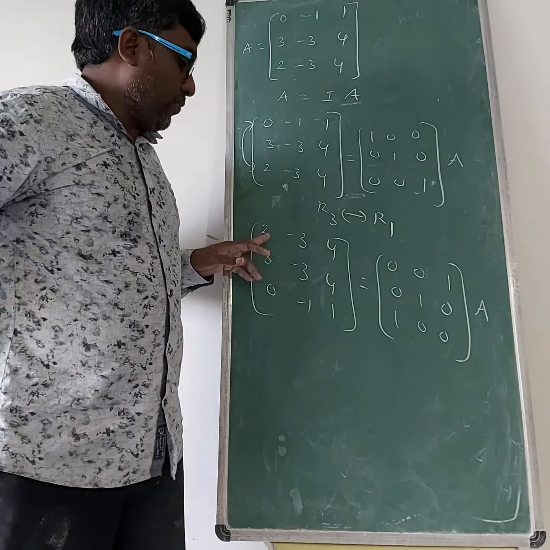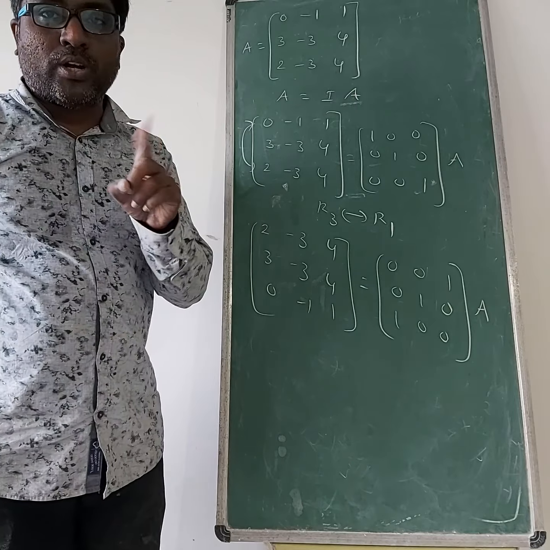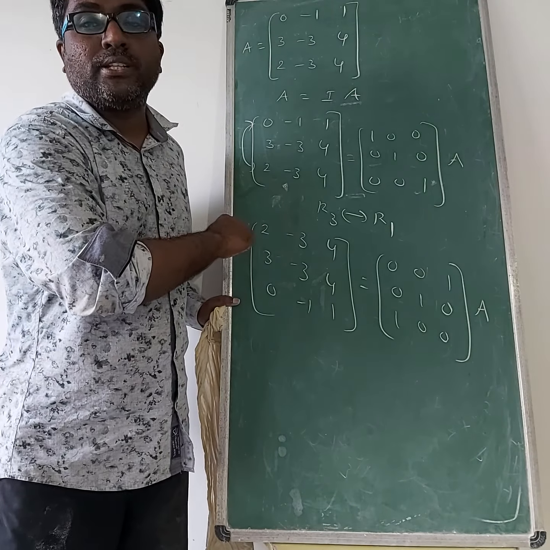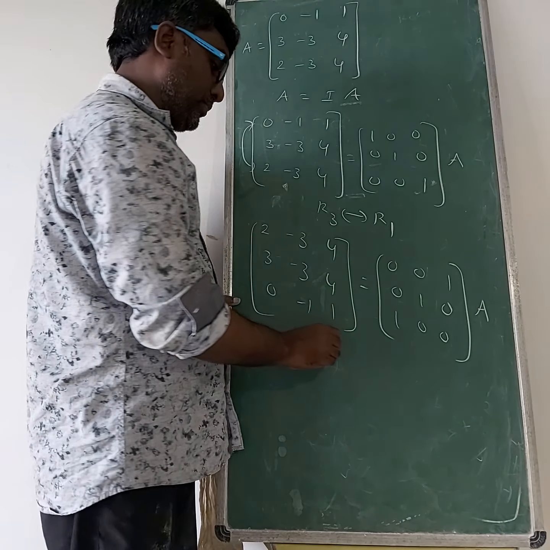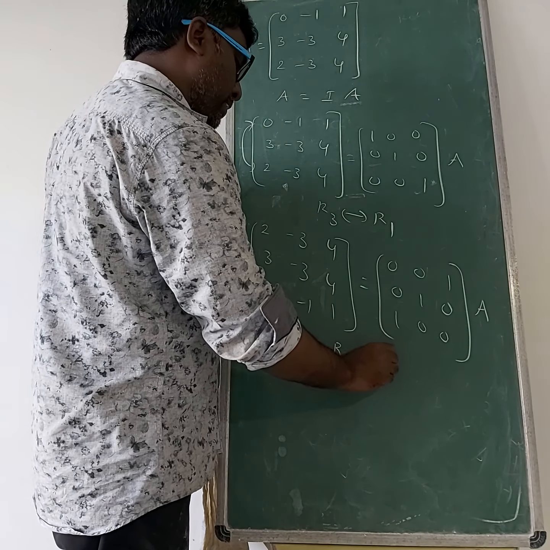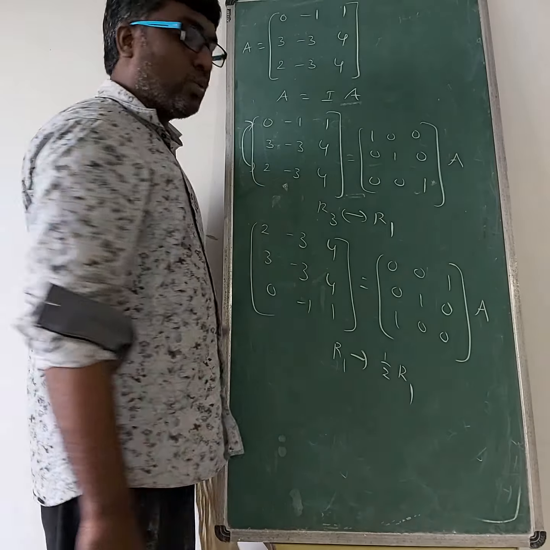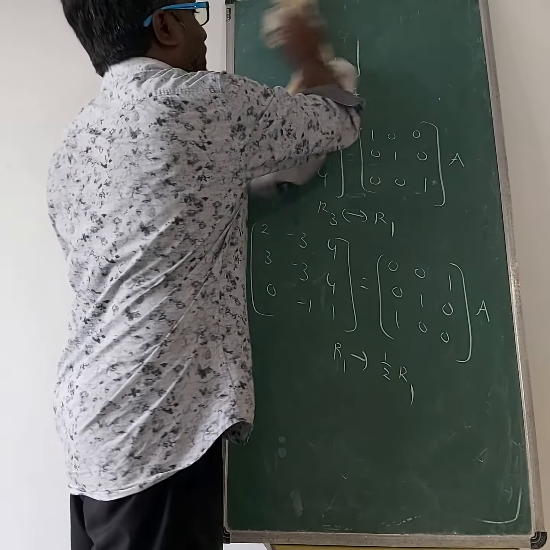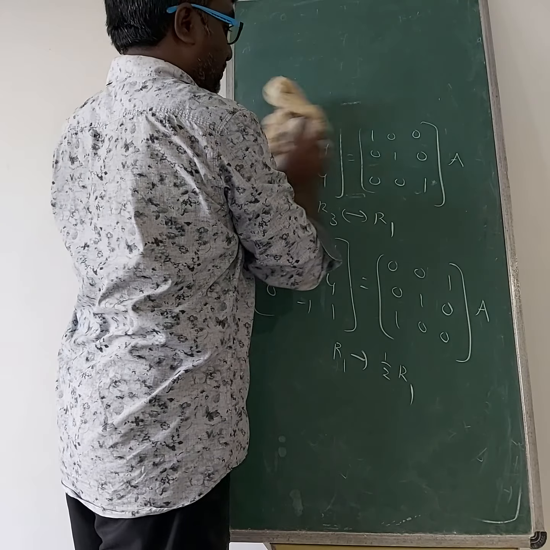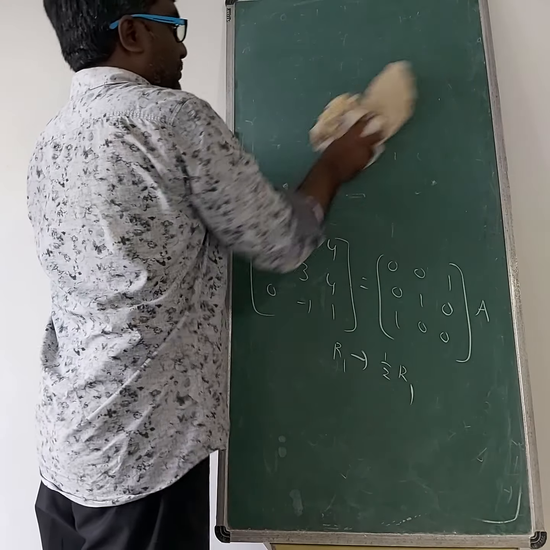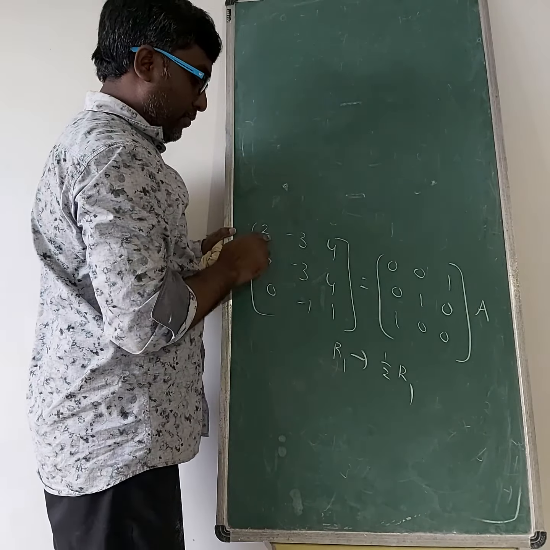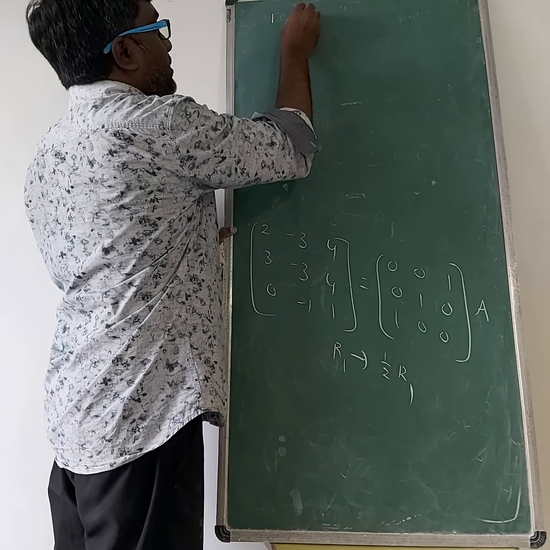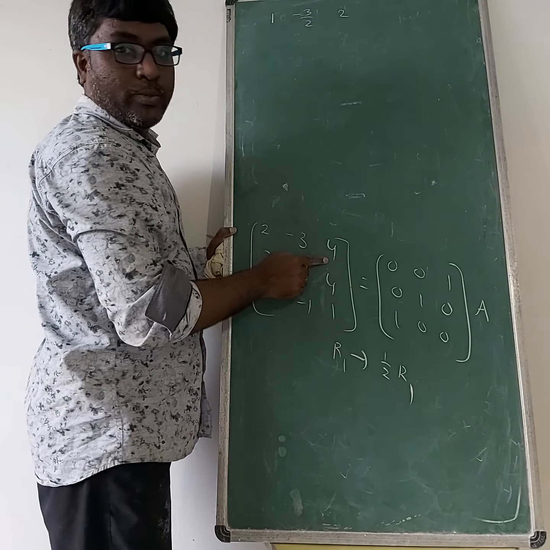The first row, first column element should be 1. So I will make this element 1 by multiplying the entire row by 1 by 2. I will change R1: 1 by 2 into R1. Here first row: 1 by 2 means 1, so -3 by 2, 4 by 2 means 2.